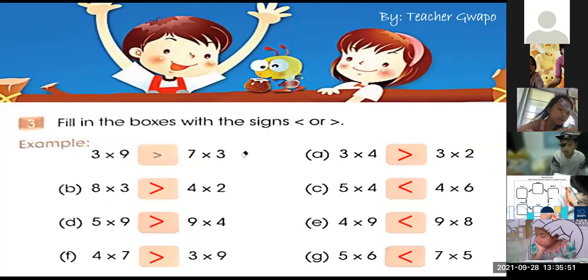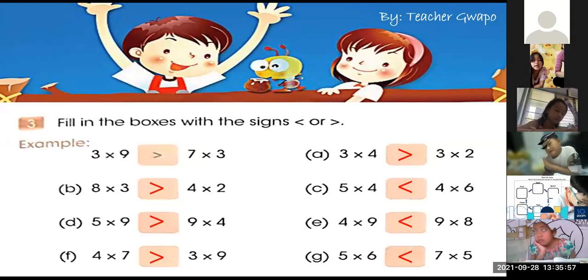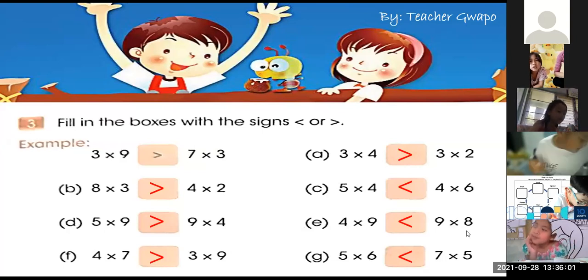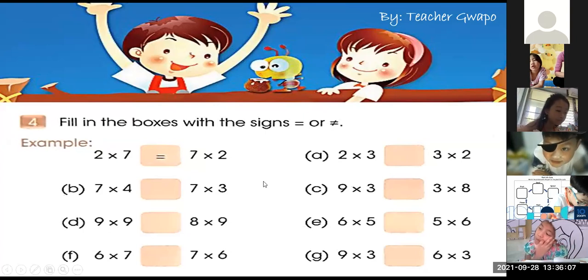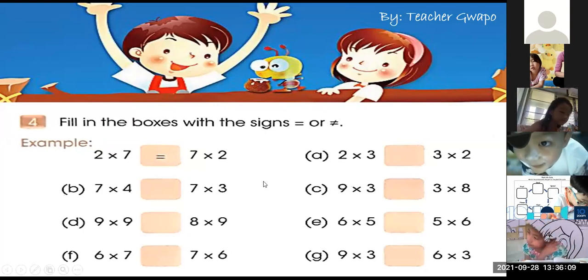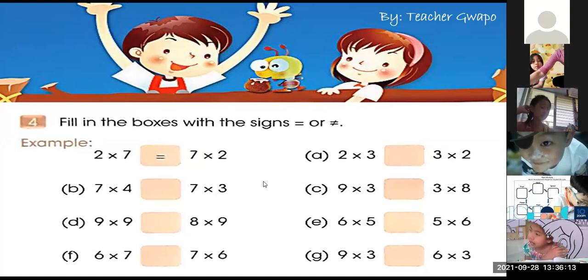So these are the answers in number 3. Now we will proceed to number 4. In number 4, there are 7 questions. This one is equal and not equal. It's very easy because if you look at the numbers, if the numbers are the same, they are equal.